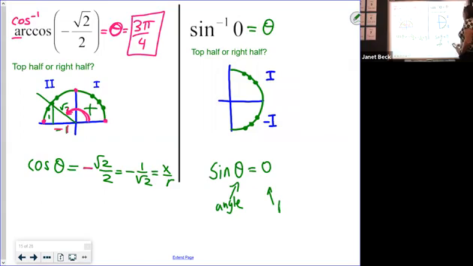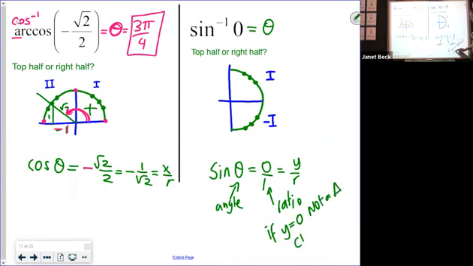This has to be a ratio, so put a denominator of 1. Y divided by r. Well, if one of the legs is 0, that's not a triangle. I'm not looking at a triangle.